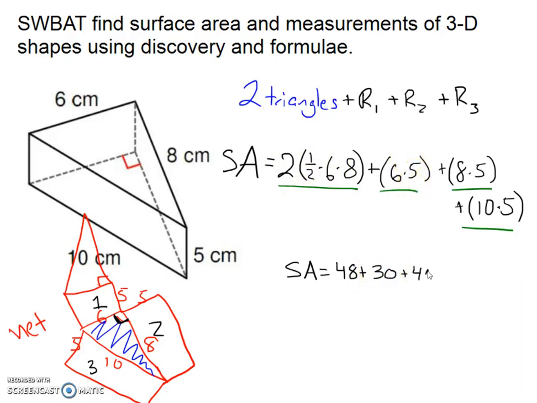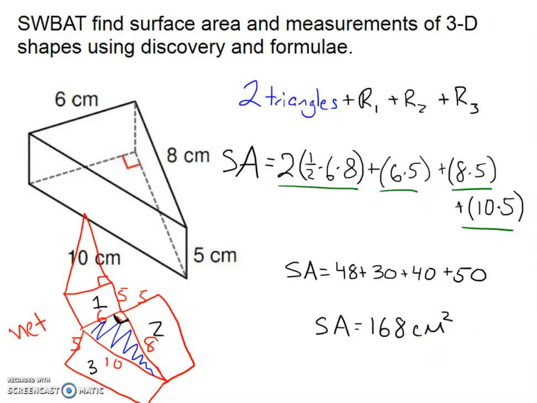Plus 8 times 5 is 40, plus 10 times 5 is 50. So let's see what we have here, 50, 90, 120, 168. So our surface area of this shape is 168, and our measurement is centimeters squared. Area is always measured in units squared.